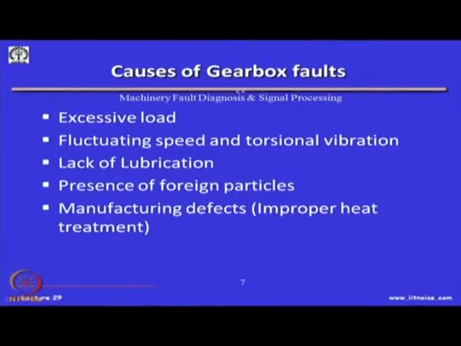So, the causes of gearbox faults are excessive load, fluctuating speed and torsional vibration, lack of lubrication, presence of foreign particles, and manufacturing defects like improper heat treatment, so that the flank wear will increase.